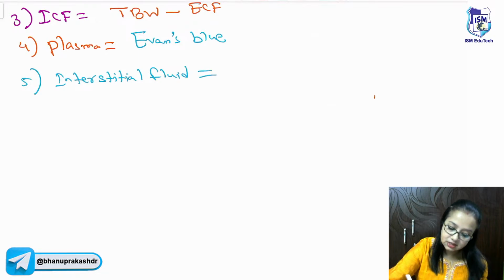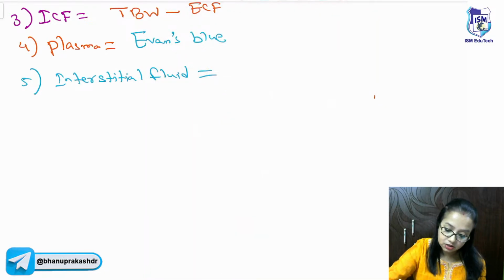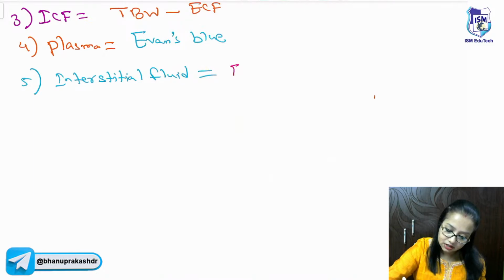Now, interstitial fluid is measured by subtracting the plasma volume from the total body water, or very specifically, we can say it is measured by subtracting the plasma volume from the ECF.